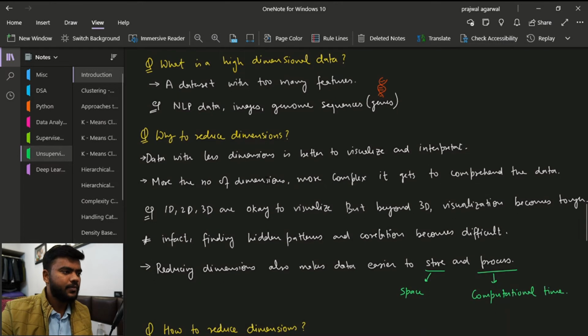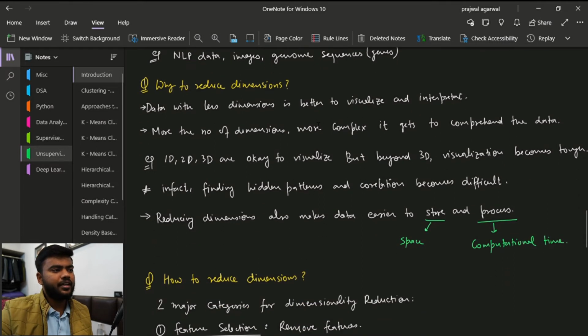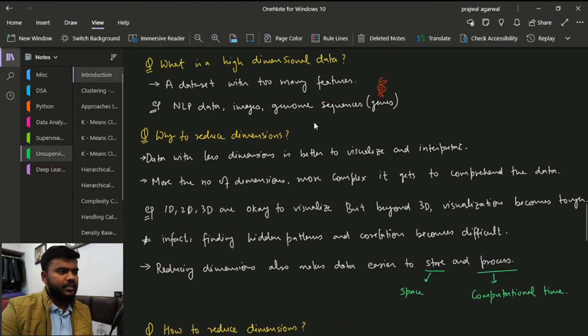Okay, so why do we have to reduce the dimensions? The data with fewer dimensions is better to visualize and interpret. The more dimensions, the more complex it gets to comprehend the data. When we are talking about visualization, we have seen 1D visualization, 2D visualization, and some software can also provide 3D visualization.